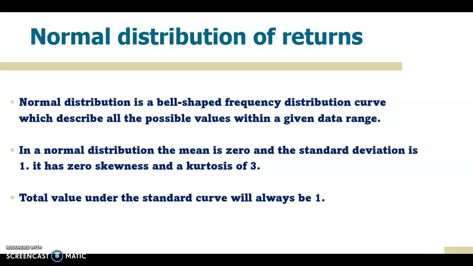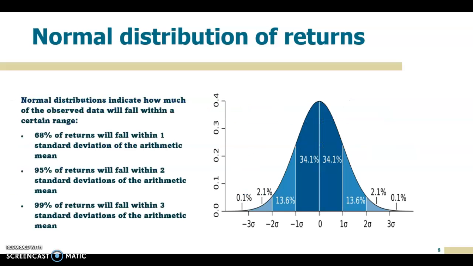The theory of normal distribution supposes that in the long run, the return of an investment will fall somewhere on an inverted bell-shaped curve. In a normal distribution curve, the mean or average stays in the center of the curve, on the zero line.